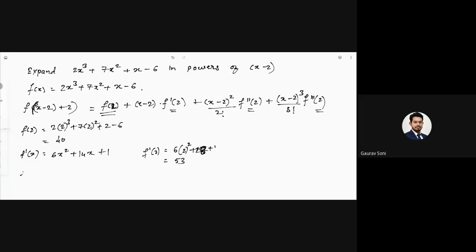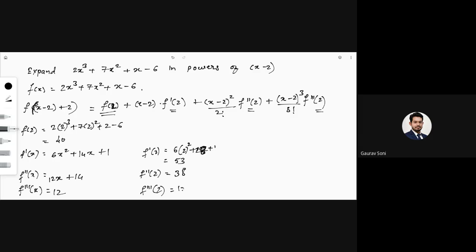Third, f double dash of x, 12x plus 14. So f double dash at 2 is equal to 38. And f triple dash of x is equal to 12. So f triple dash at 2 is equal to 12.